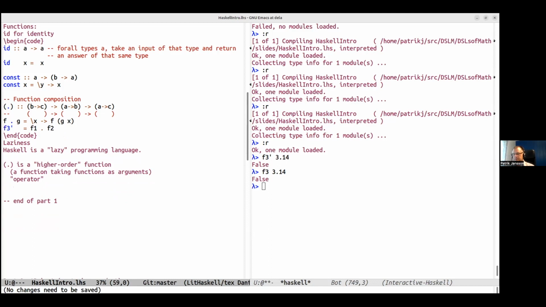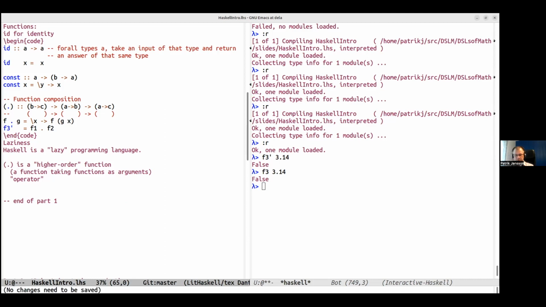And it really shows that you can work with functions as first-class values. So dot takes 2 functions as input and returns a 3rd function as an output. And we also mentioned on the way there that we also have laziness around, and that dot is a higher order function.